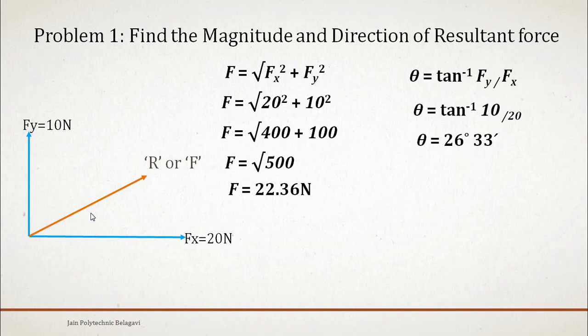From this base we have to take the angle as 26 degree 33 minutes. So if you apply the resultant force of magnitude 22.36 newton at an angle of 26 degree 33 minutes, it is going to give the same effect on the object as would be caused by these two forces.